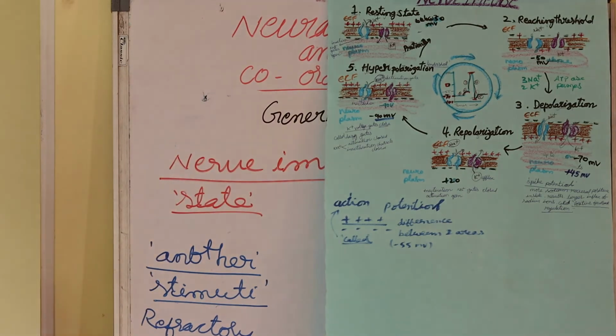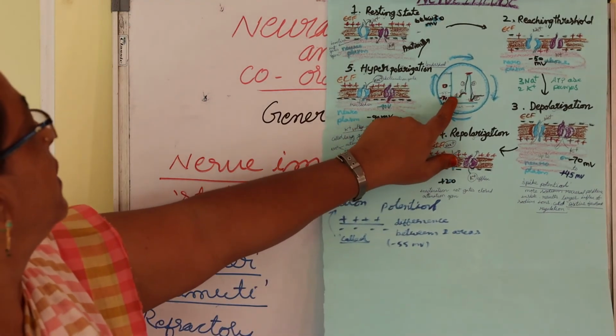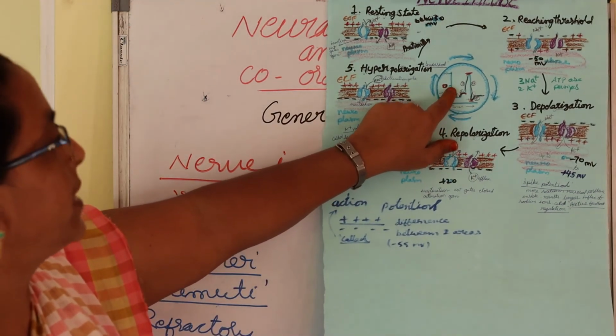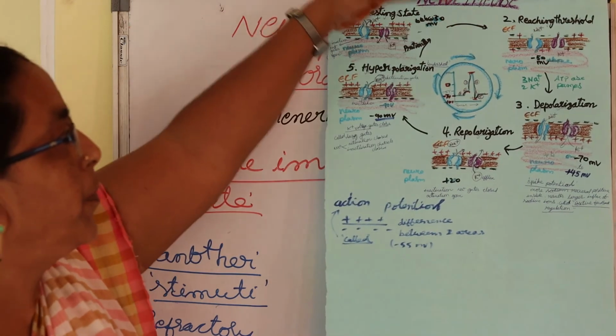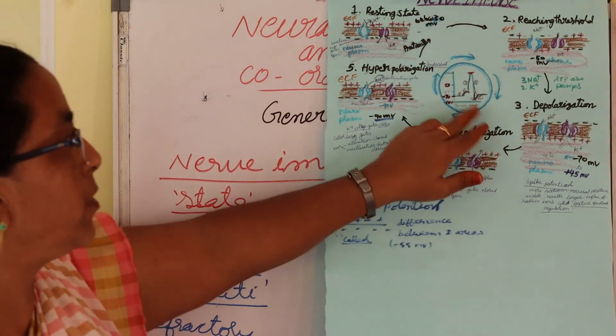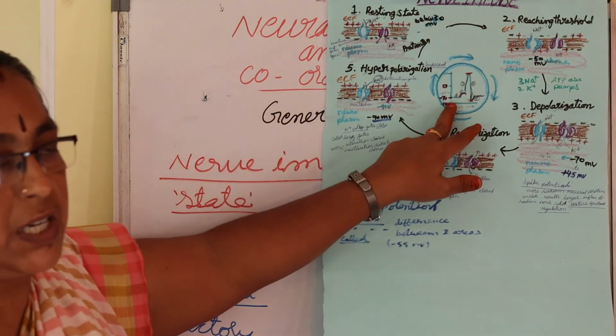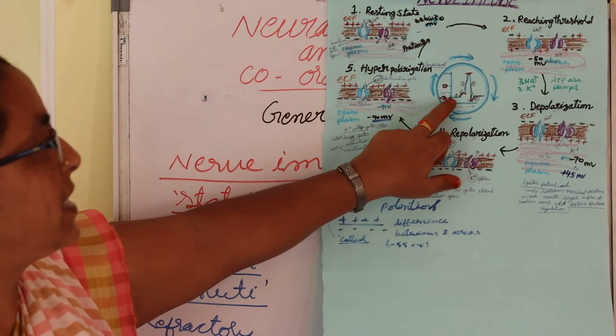Now we will discuss the middle of the graph. First, if we observe the graph, above zero indicates positive charge and below zero negative charge. Below zero we observe minus 70.